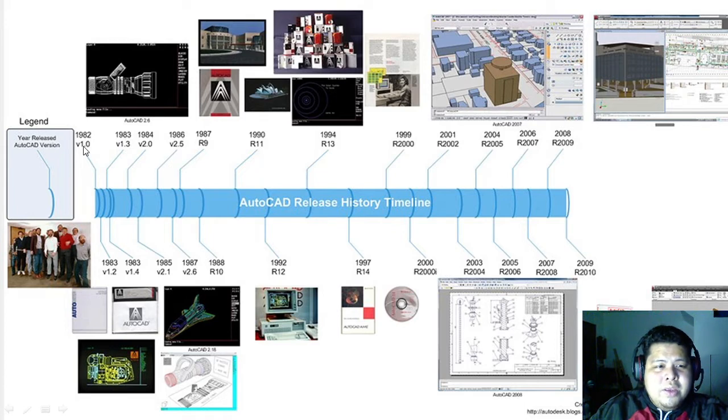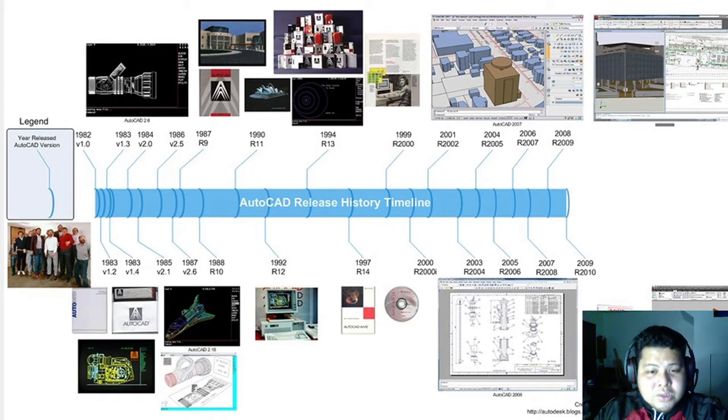And then the following year, two versions were released. For me personally, I was introduced to the world of AutoCAD in release 14 or R14. That was released to the market in 1997.